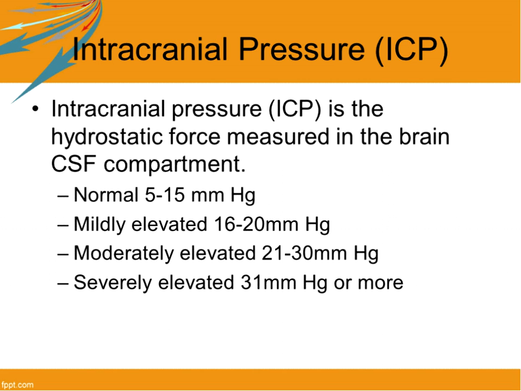Then you've got on your slide mildly elevated, moderately, and severely elevated. But for purposes of thinking about increased intracranial pressure, what I want you to remember is that a sustained pressure greater than 20 millimeters is considered to be abnormal and must be treated.